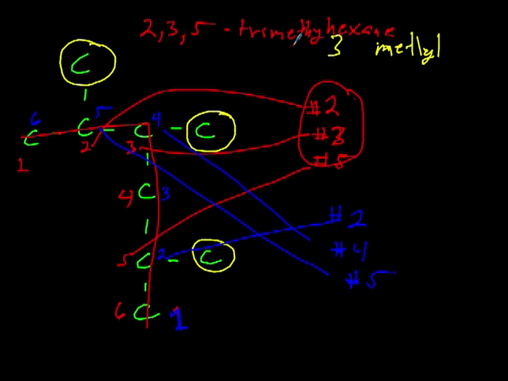If they're the same group, in this case they were all methyls, we can just keep the numbers together separated by commas, 2, 3, 5. The prefix tri tells us that there are 3 methyls and it must match the number of numbers that you have. There are 3 numbers indicating 3 groups. So we have trimethylhexane, 2, 3, 5-trimethylhexane.